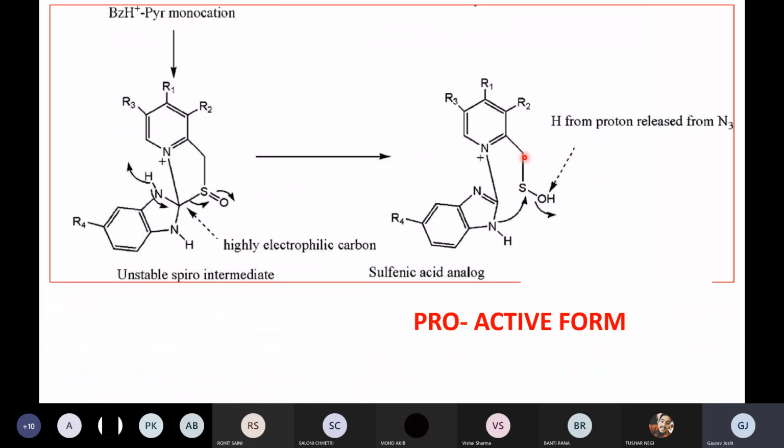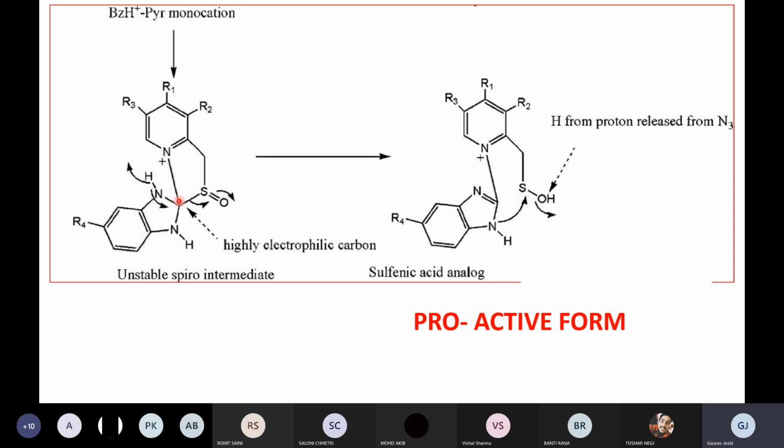Now this cation form, this nitrogen will attack at this electrophilic center, the electrophilic carbon, because this nitrogen is positively charged and here there is an extra charge. See the valency of the nitrogen, 1, 2, 3 and 4. So there is a quaternary nitrogen now, right?